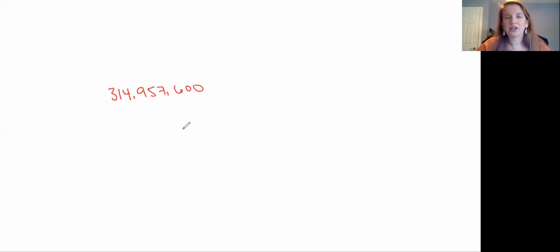So again, you would go to the third sig fig, which is right here. You use the number behind it to tell you what to do. So you would round that 4 up to a 5. And then everything behind it, because there's no decimal point, would become a 0 to maintain the value of the number. Okay, so then we would have 315 million.